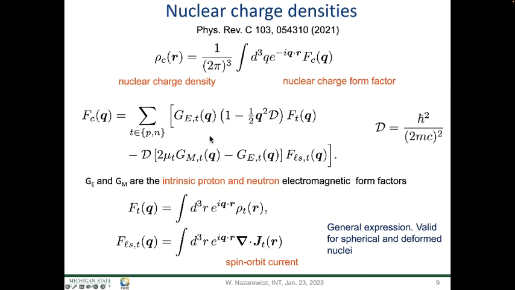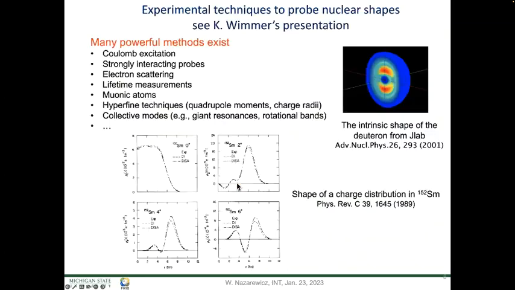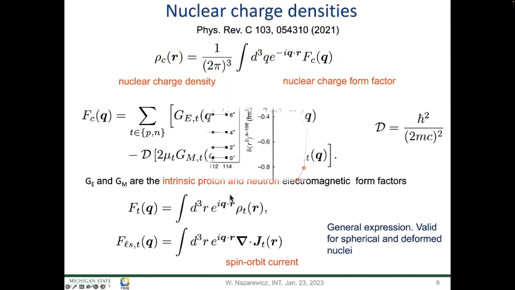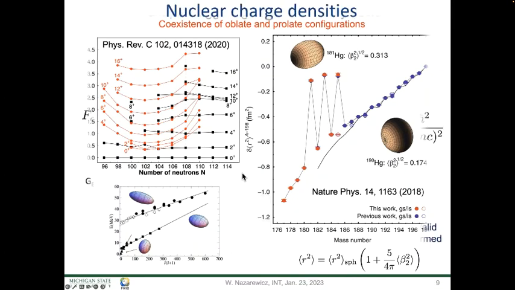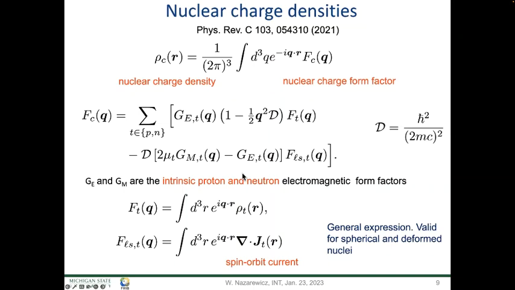This charge density depends on nuclear charge form factors, which depend on intrinsic proton and neutron electromagnetic form factors, because protons and neutrons themselves have density distributions.